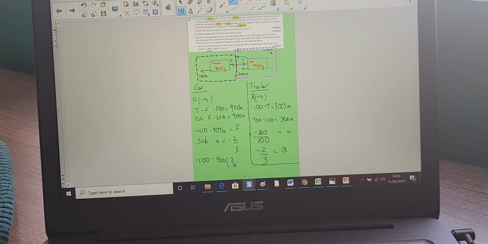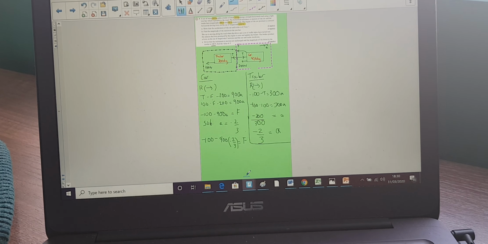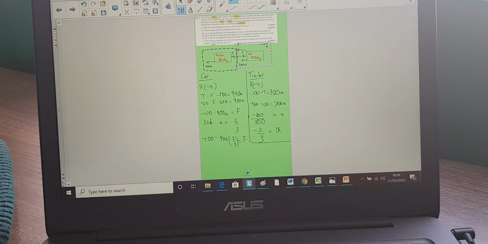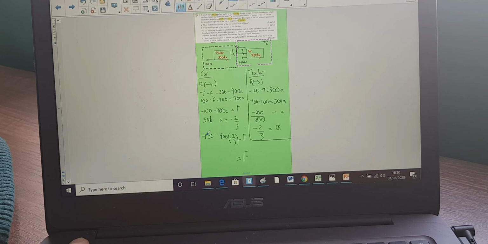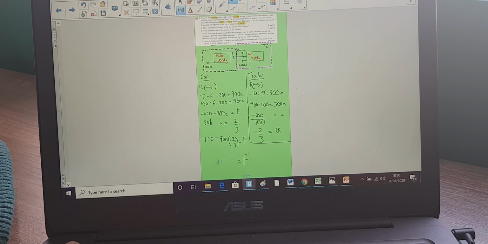Minus 2/3 equals F. And if we do it all properly, we should have got F equals, what was the answer to the question again? That would be minus 100, 2/3 of that would be minus 600. Yep, brilliant. Okay, so F would be 500 newtons.